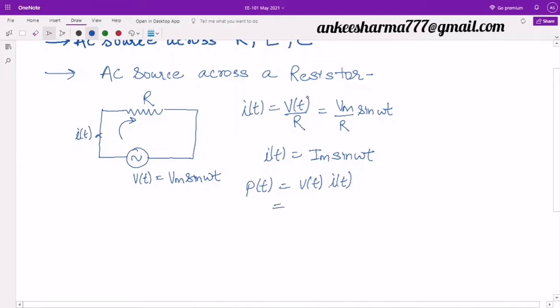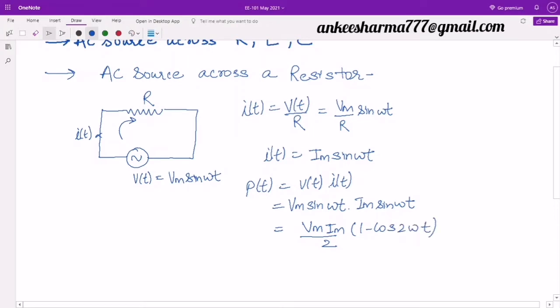So we can write V of t as Vm sine of omega t, I of t as Im sine omega t, or you can write it combinedly as Vm into Im by 2 sine square omega t, which can be written as 1 minus cos 2 omega t by 2. 2 is adjusted here, so I will write here only 1 minus cos 2 omega t. So this is how I will write my power formula.